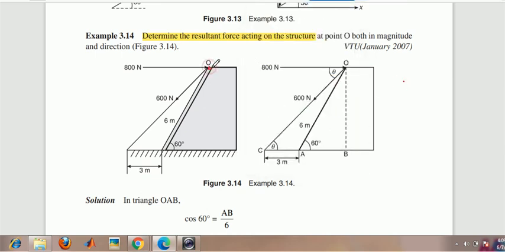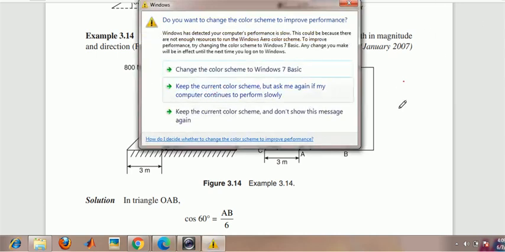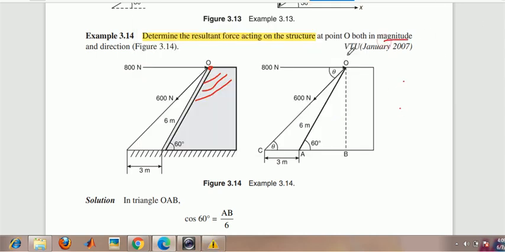It may be any structure, just by considering this, it looks like a dam. So any structure. Here you need to find out the resultant of a force acting on this structure at point O. So what you need to find out? You need to find out the magnitude and direction.